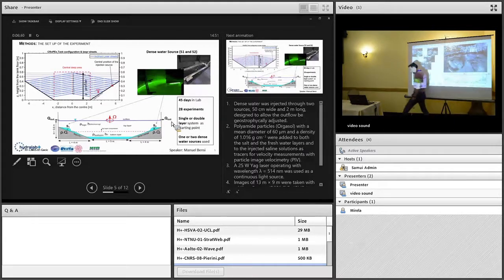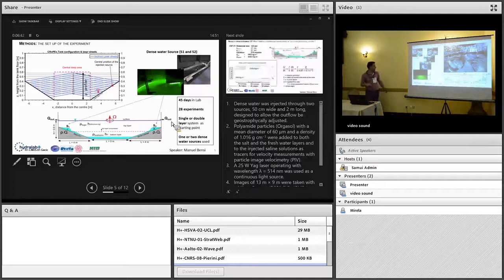Thanks to the release of polyamide particles in the water, illuminated by a laser, we were able to track the movement of the particles through PIV, and then study the vorticity and the circulation of the water within the tank.